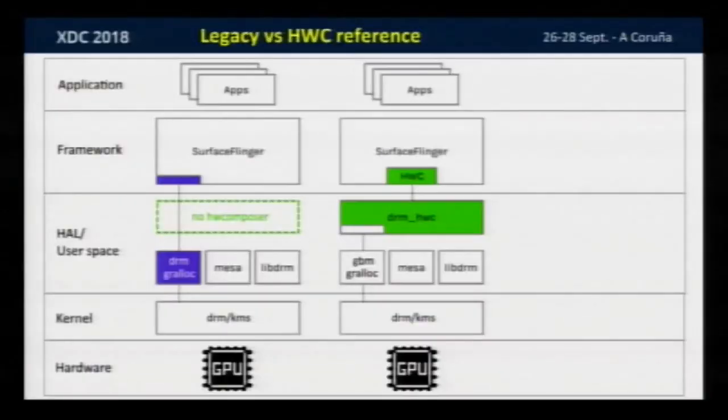And we can look side by side at the legacy versus Hardware Composer reference stack. In this case, Surface Flinger enables the Hardware Composer API, and DRM Hardware Composer is one of the open source implementations, because usually these hardware abstraction layers are closed source binaries.